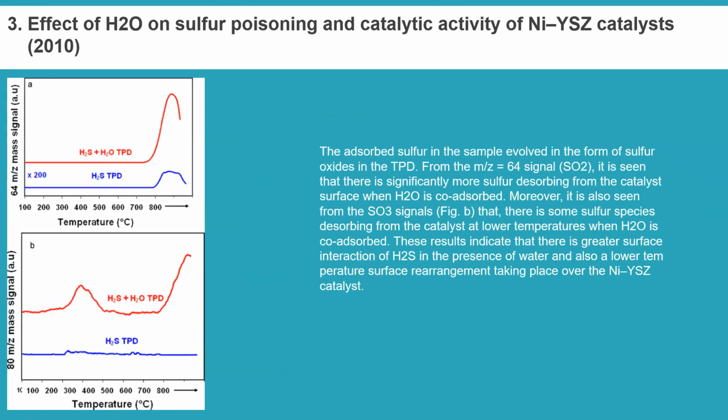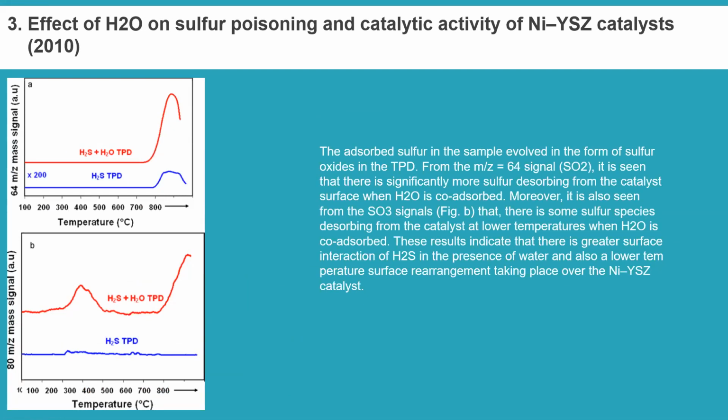The third paper studies the effect of water on sulfur poisoning in nickel oxide catalyst. The adsorbed sulfur in the sample evolved in the form of sulfur oxide in the TPD. From the mass to charge ratio equal to 64 signal, it is seen that there is significantly more sulfur desorbing from the catalyst surface when water is co-adsorbed.